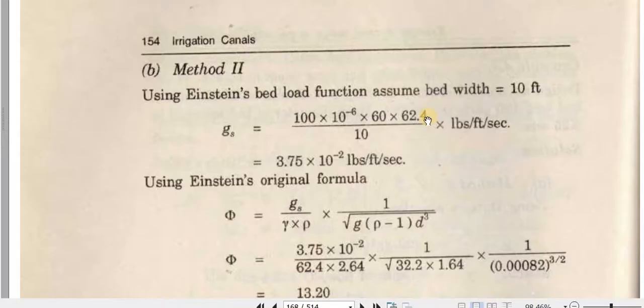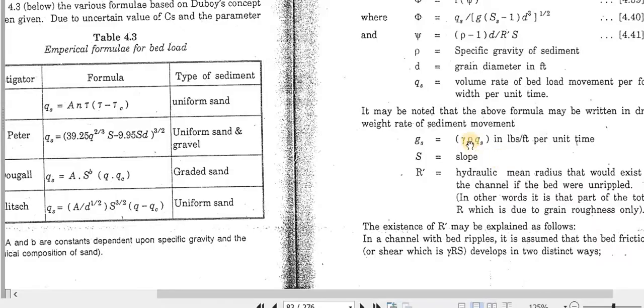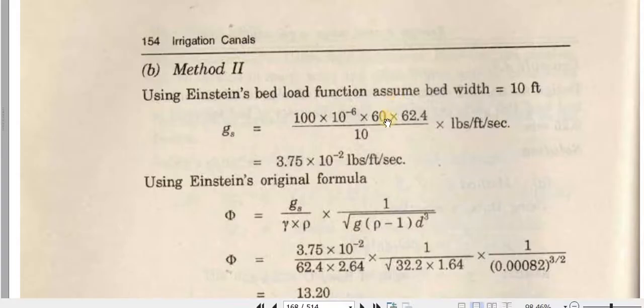Gamma is equal to 62.4, and rho, the specific gravity of sediment, is equal to 2.4. You have to multiply it with 2.4, and this 60 over 10, where 10 is the assumed width and 60 is the discharge. 60 over 10 is equal to small q, and this 100 into 10 raised to power minus 6 is equal to QS over Q.